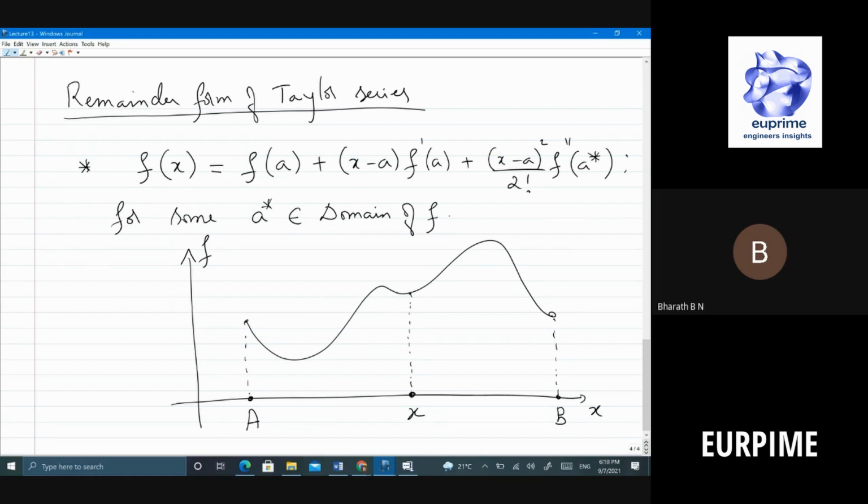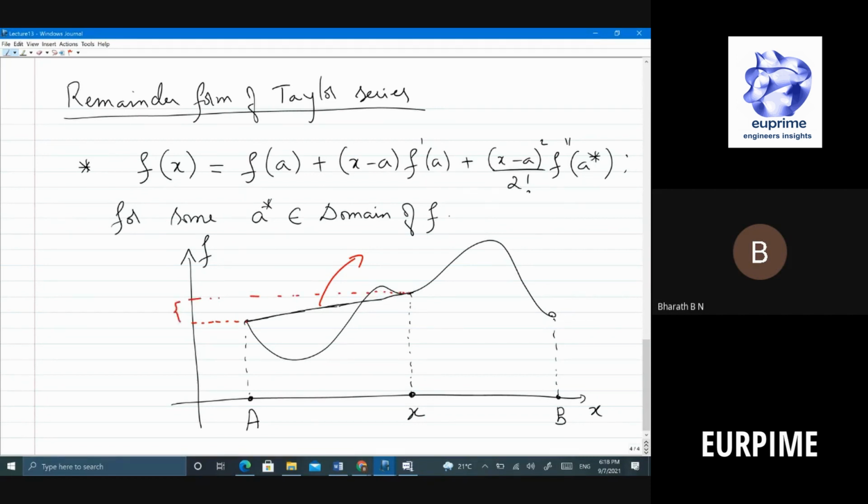Well, I can draw a line like this, right? What is the slope of this line? See, you just look at the height. What is the height?